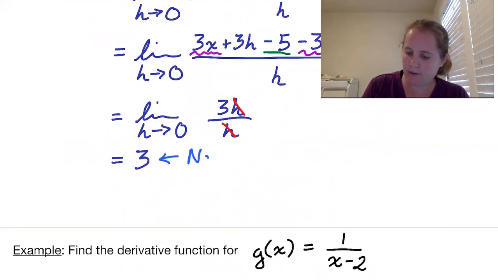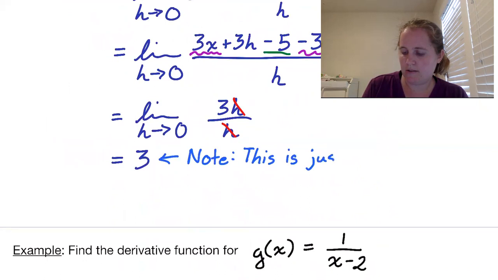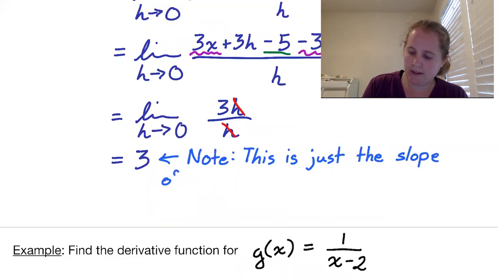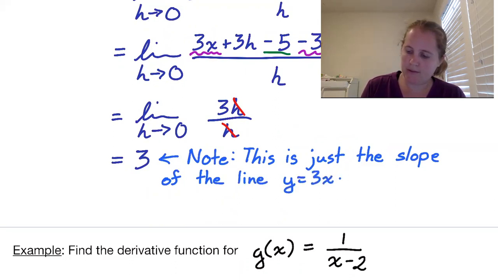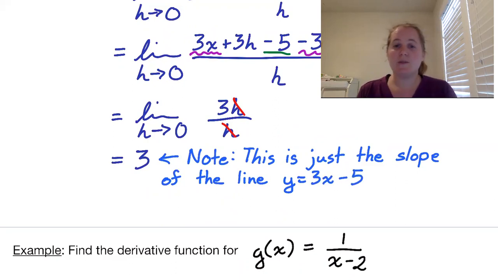So note, this is just the slope of the line y equals 3x minus 5, right? Which makes sense since the derivative is just the slope at that point.